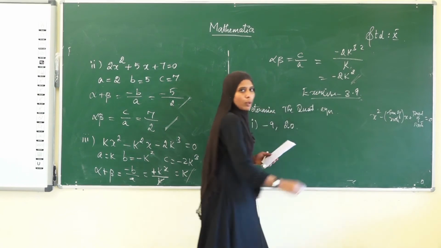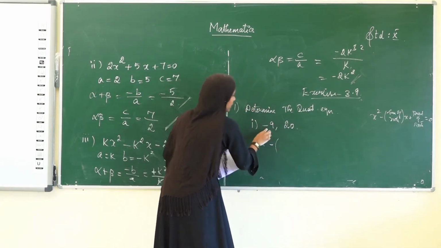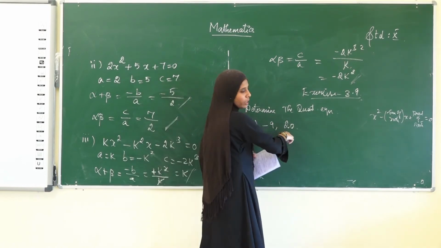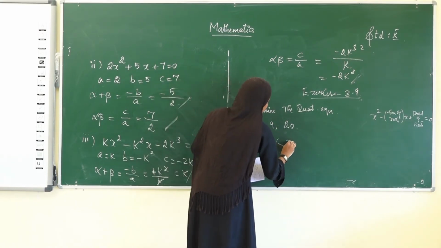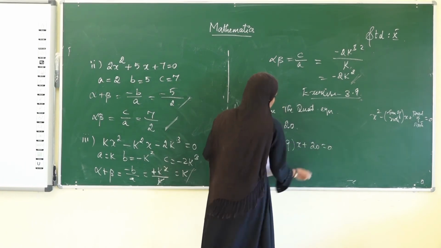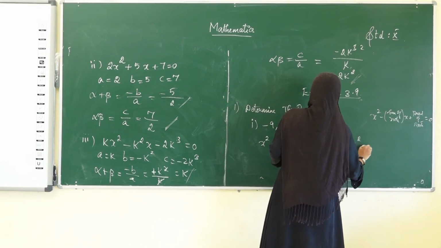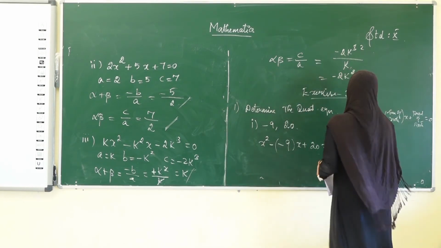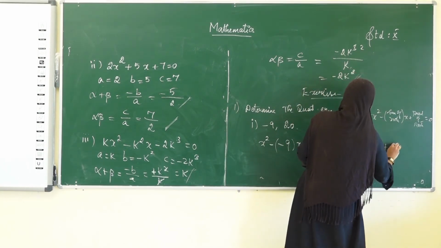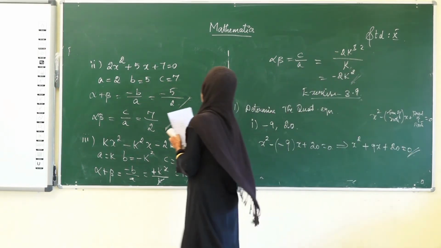This is how we are going to form the equation, which is x squared minus, this is the sum of the root and this is the product of the root. Sum of the root is minus 9 into x plus product of the root is 20, which is equal to 0. That is x squared minus into minus is plus 9x plus 20 equal to 0. This is the required quadratic equation.